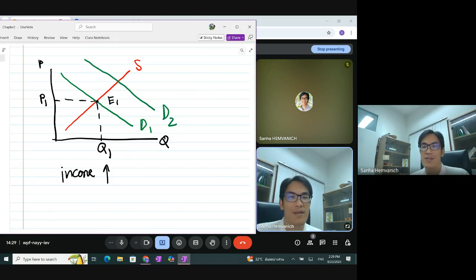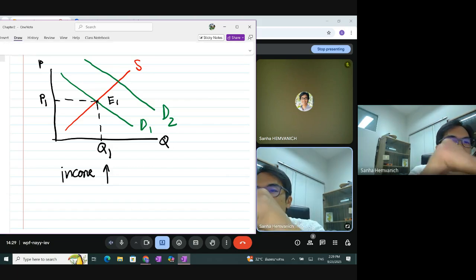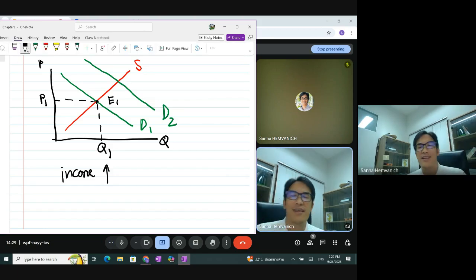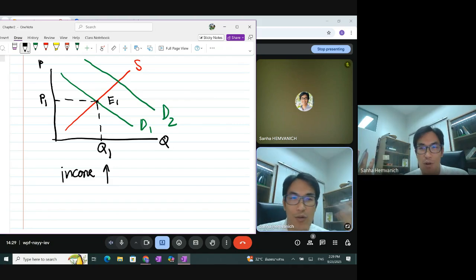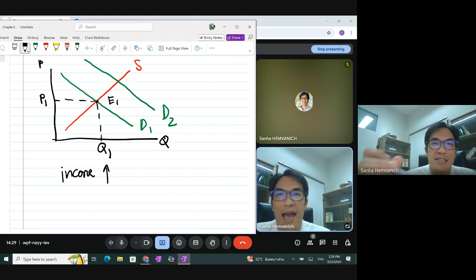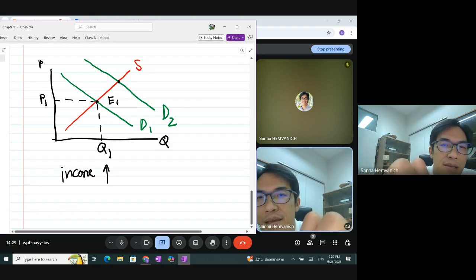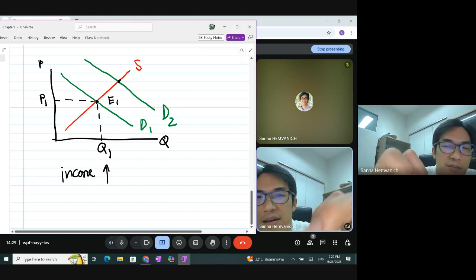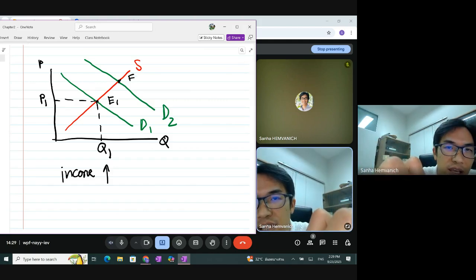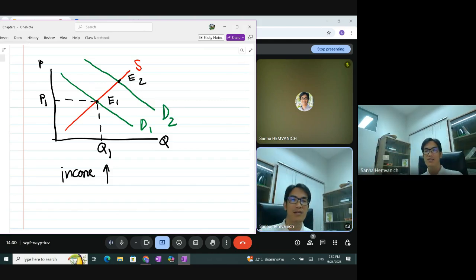You can go straight to the end, that the new equilibrium will be, because we no longer have D1, now it's D2, between D2 and the old supply curve S. So let's call it E2. You can just say, okay, now the equilibrium is moving to E2, and that's the end of the story.